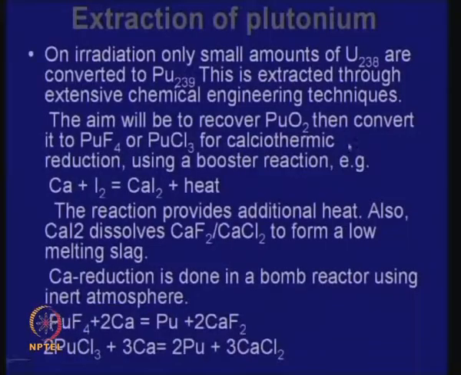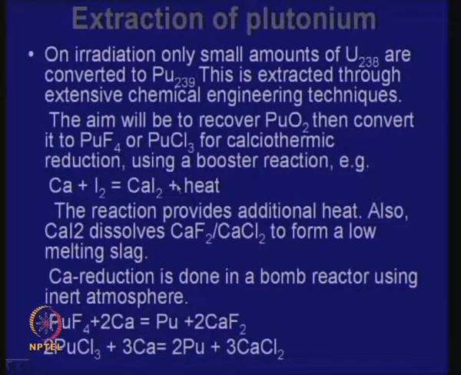How does it boost? The booster reaction is that when we are adding calcium as a reducing agent, we also add some iodine. So, at the temperatures where reduction takes place, calcium reacts with iodine to produce calcium iodide, CaI2, which is highly exothermic; it produces heat.